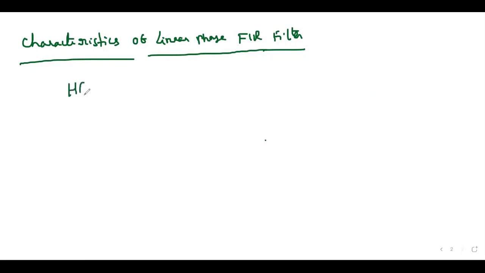What is the frequency response? H of e power j omega is equal to, this is the filter. Whenever you see H of e power j omega, we call it the filter response. That means whenever you apply the impulse input, that is the impulse response, which is indirectly called the filter response or system function of the FIR filter.